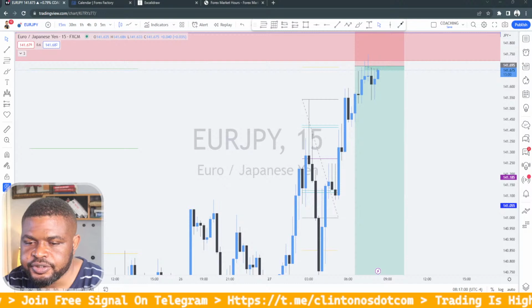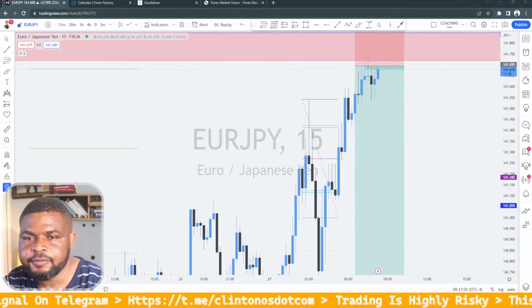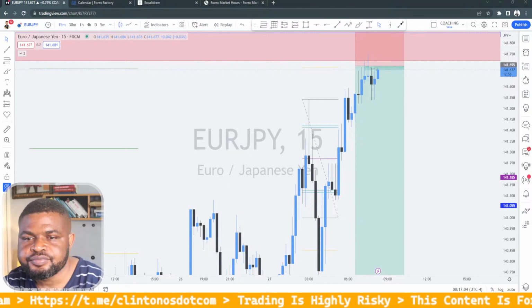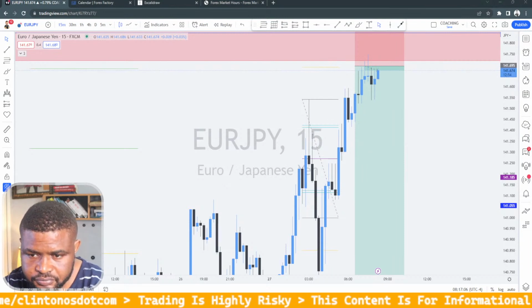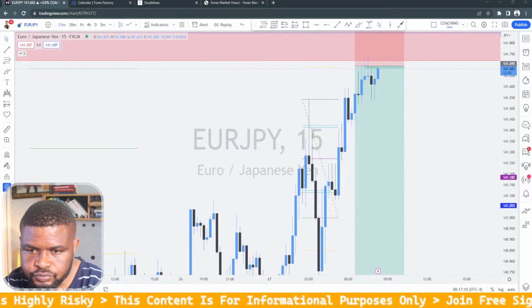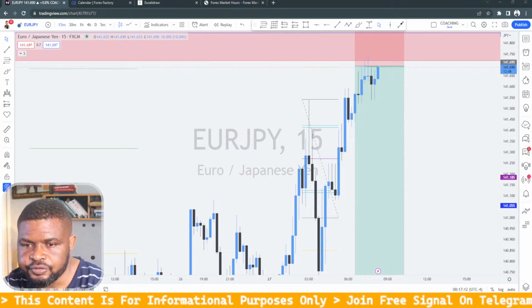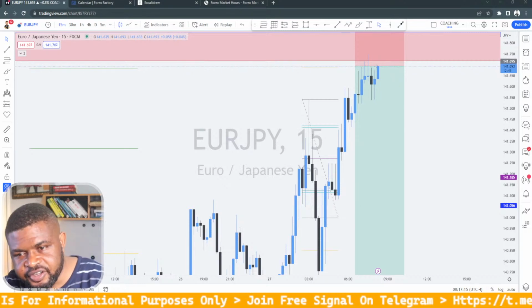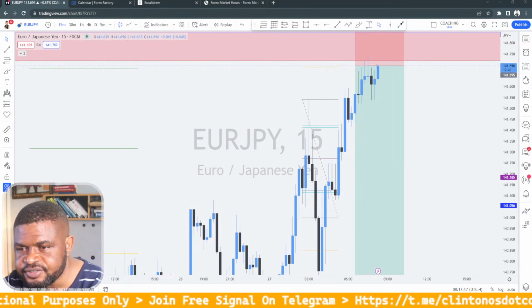I need to update my journal for this trade. A very risky one that's going against an established uptrend.